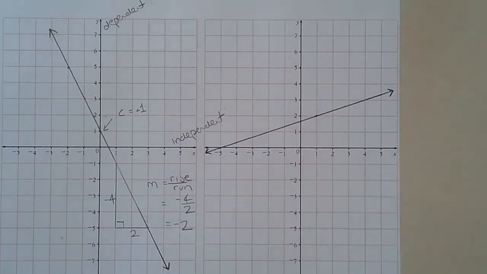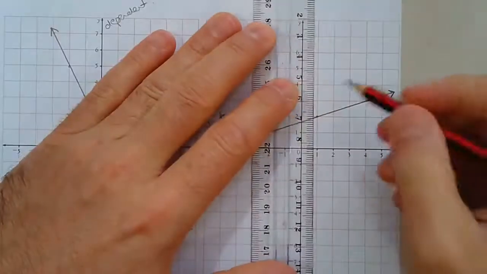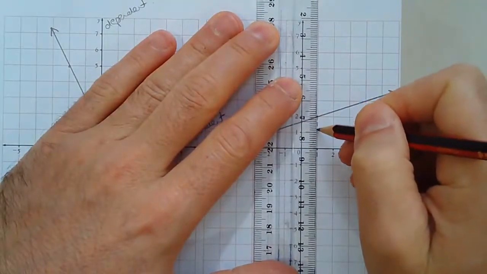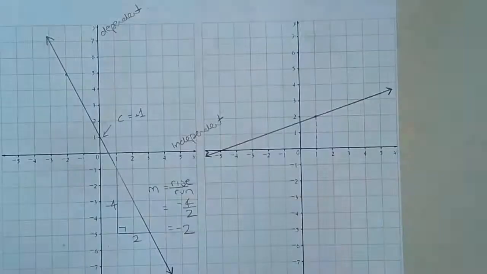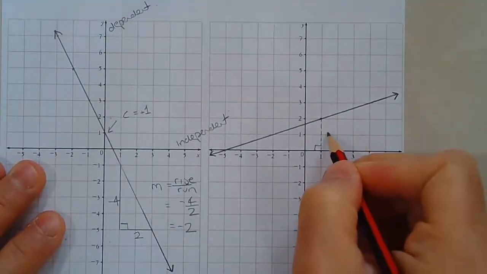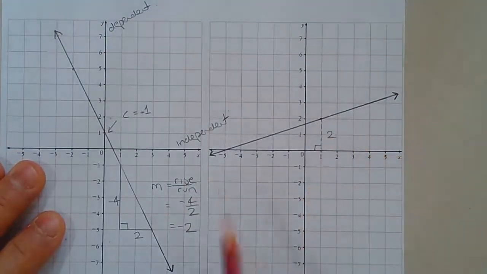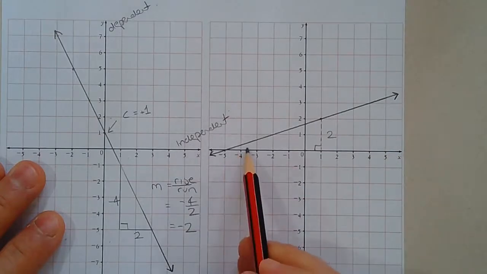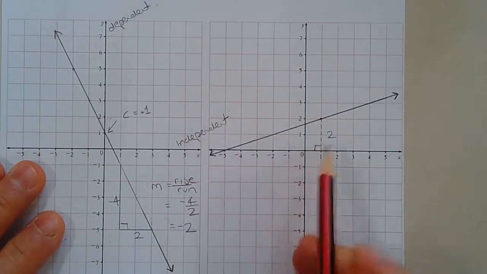Maybe what I might do is I'll just draw a dotted line so I can see that. Okay, that's a rise of 2. What's the run? 1, 2, 3, 4, 5, 6.